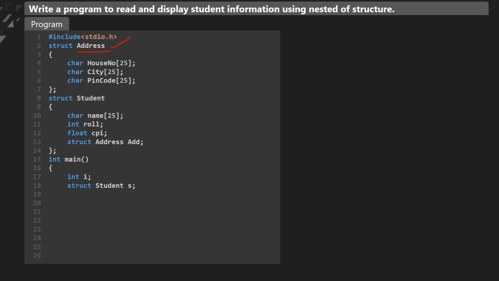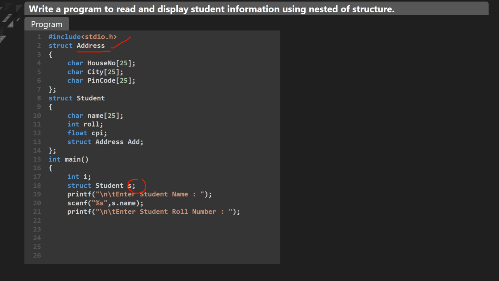Then struct student s is the reference created for the student. Henceforth you can use s instead of struct student directly; s is an object of struct student.